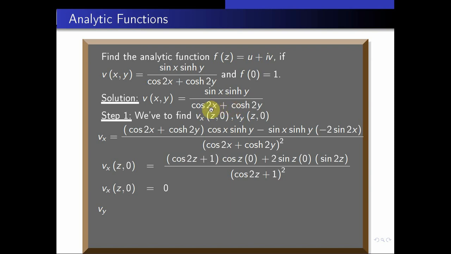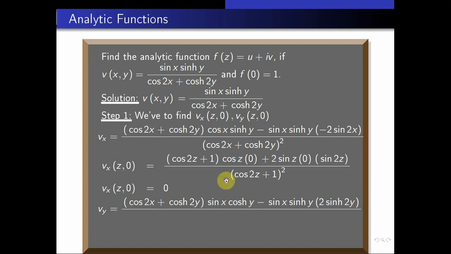So I will write the first term cos 2x plus cosh 2y into sin x, which will remain the same, and sinh y differentiation is cosh y, minus, I will write this term as it is, sin x sinh y into the differentiation of the denominator, and this will become 0 and this will become 2 sinh 2y, since cosh 2y differentiation is 2 sinh 2y.